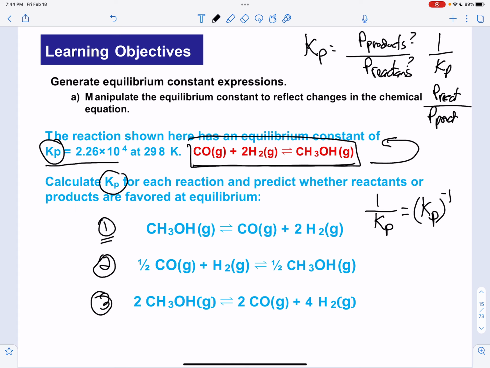What about number 2? Number 2, carbon monoxide, is exactly the same, but we are dividing by 2.